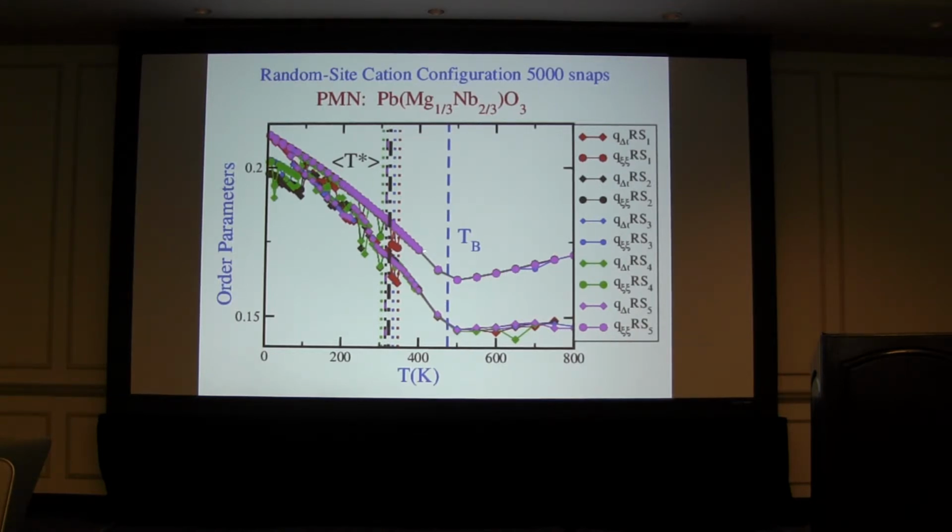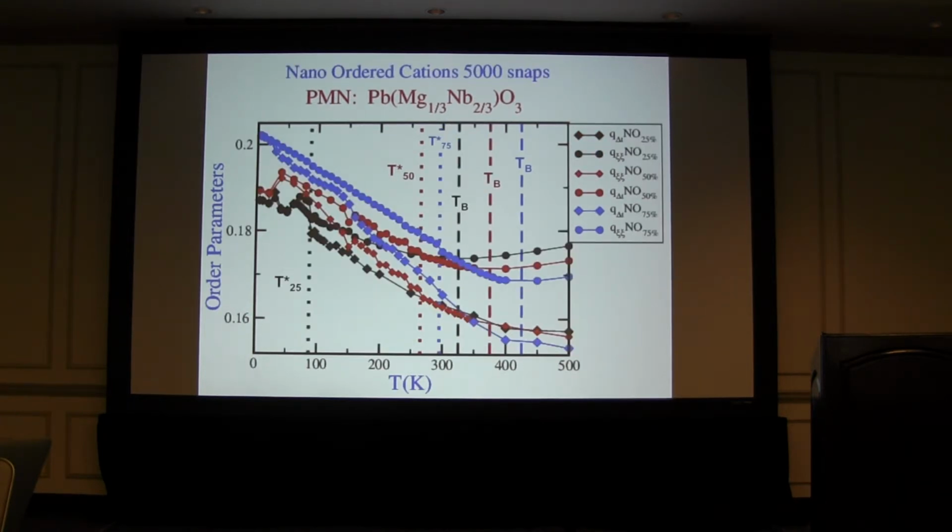Also, you notice that there's a lot more action in the temporal autocorrelation function, whereas the temporal autocorrelation function was behaving in about the same way as the self-overlap parameter in PSN. So the suggestion is that things are changing more rapidly in PMN.